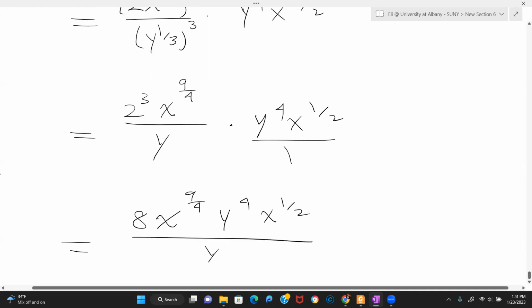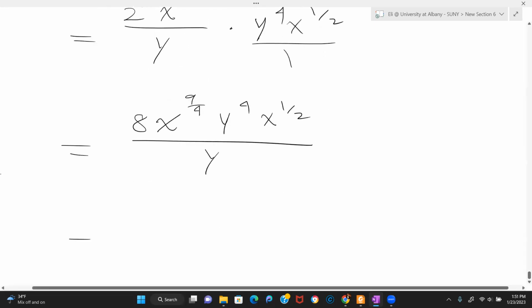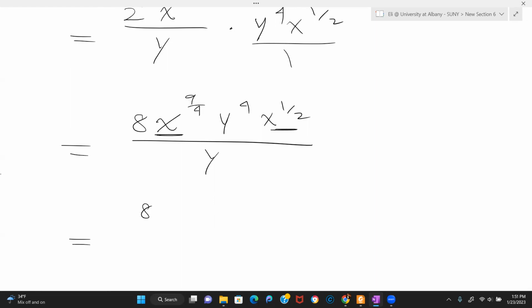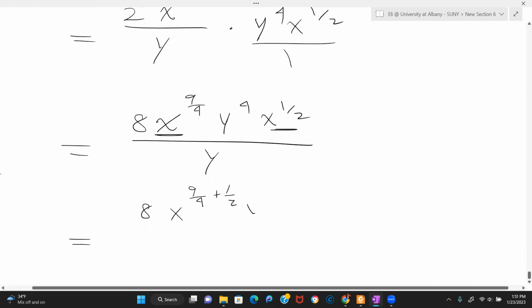And then I can cancel some terms. I have a factor of y in the numerator and the denominator, so those cancel. And then I have x to the 9/4 and x to the 1/2, so I can add those powers. So I have 8x to the 9/4 plus 1/2. Then I'm just going to have y cubed, and there's going to be no denominator now.